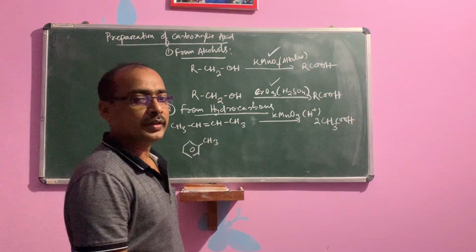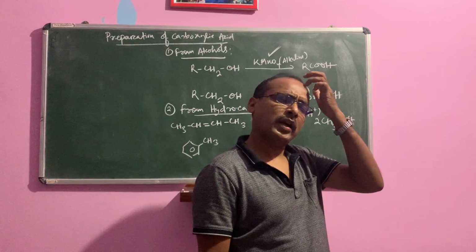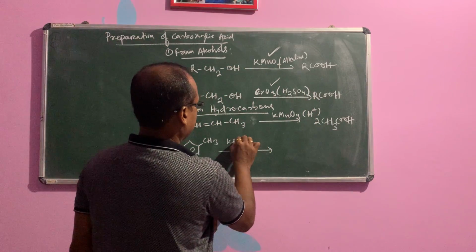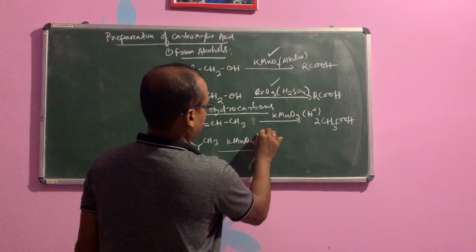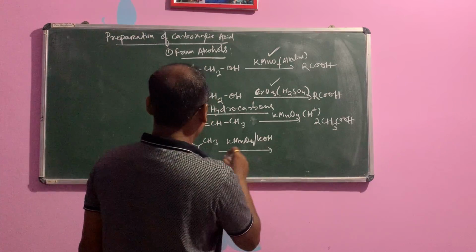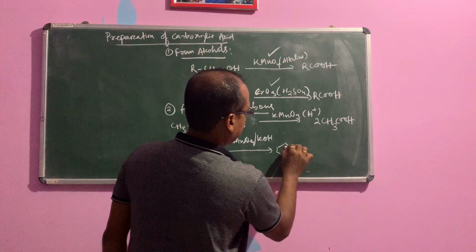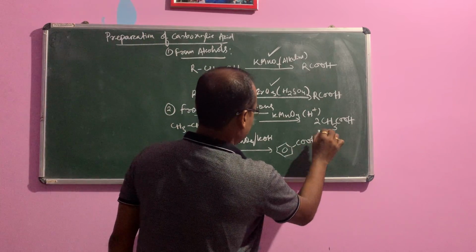Okay, when toluene is treated with potassium permanganate and KOH, this side chain will form benzoic acid.